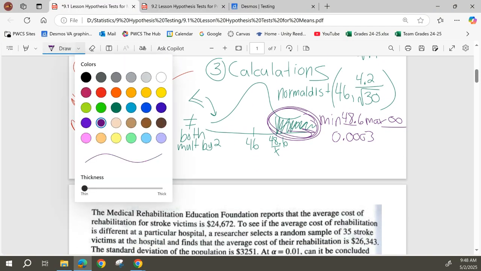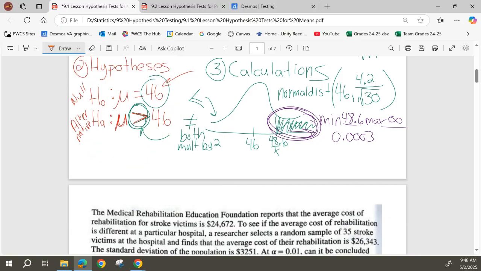And this is a review, but I'm sort of talking about it like you've never heard it before, just in case you forget. This is what we call p-value. This is the probability that we get a sample mean of 48.6 if the real mean is 46. So if I get an average of these doctors' ages, it's not always going to be the same thing. Sometimes it's going to be larger, sometimes smaller.